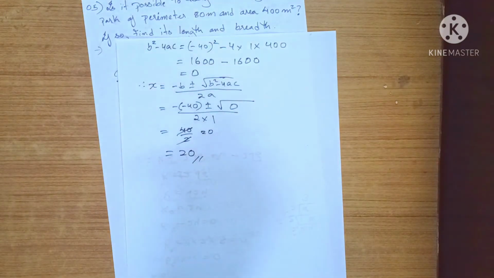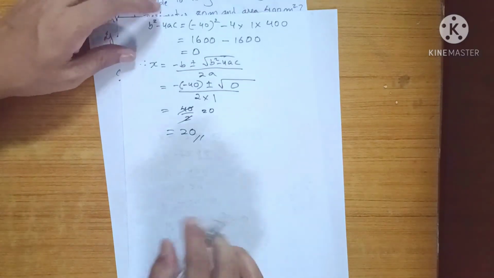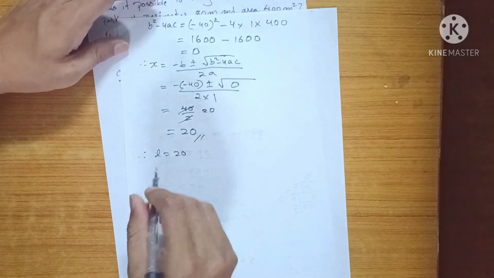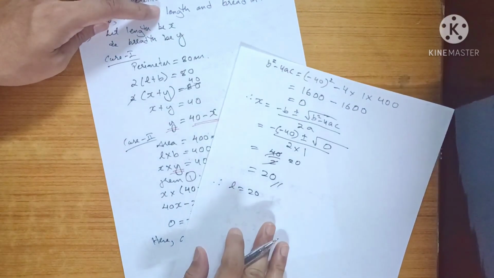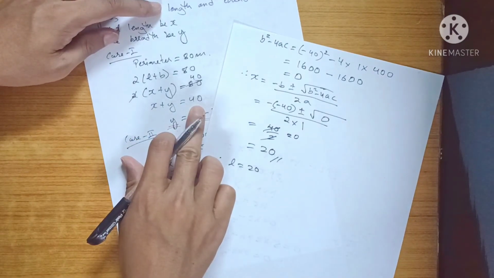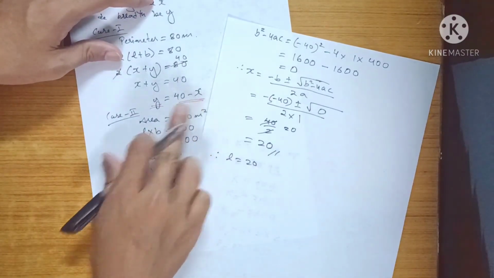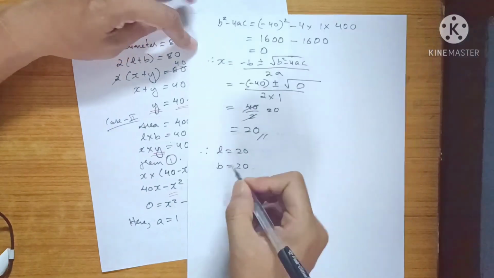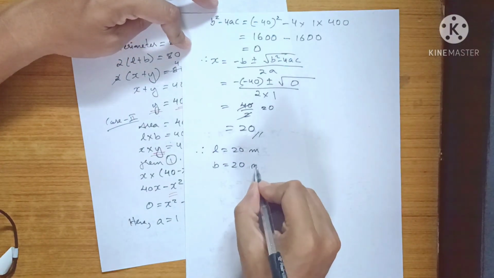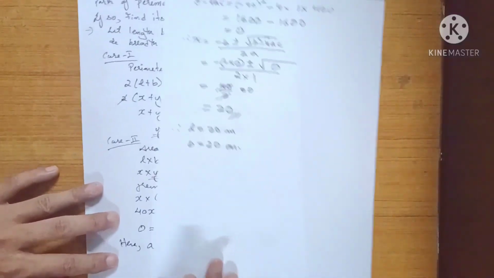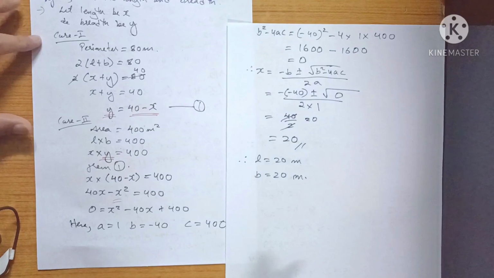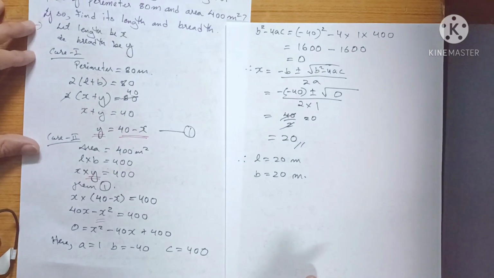We know that it has two equal roots. Therefore length equal to 20, and length plus breadth is 40, so 40 minus 20, breadth will also be 20, right? So 20 and 20, no matter what, it will be 20 only. Got it? So that's it. Chapter 4 is completed.